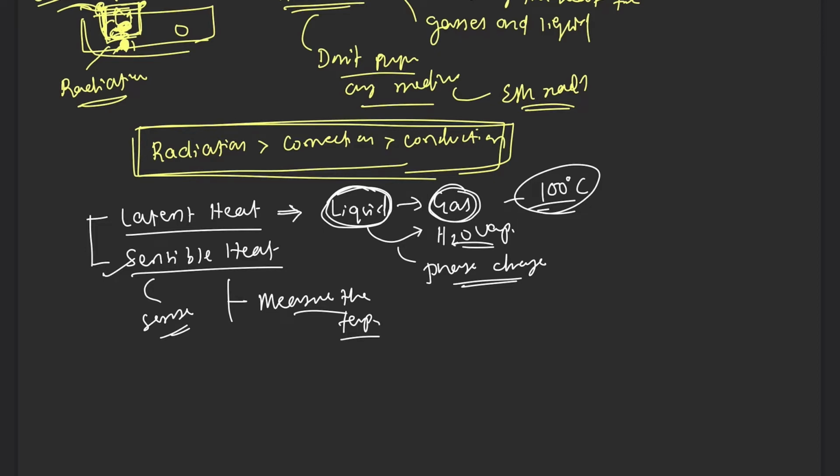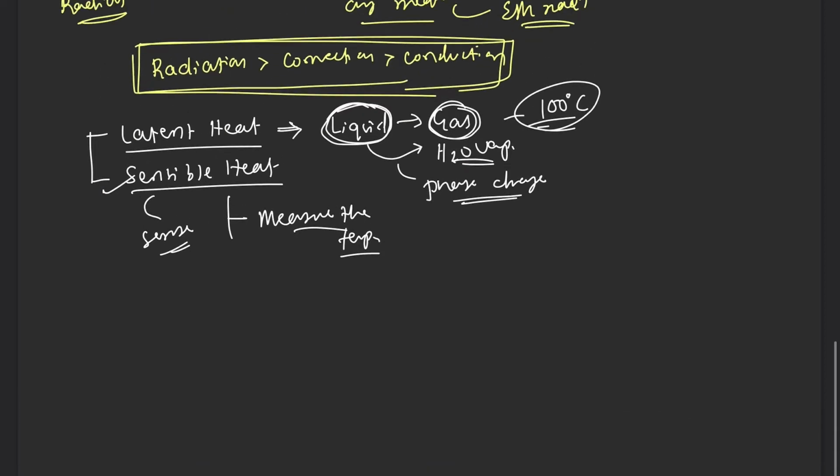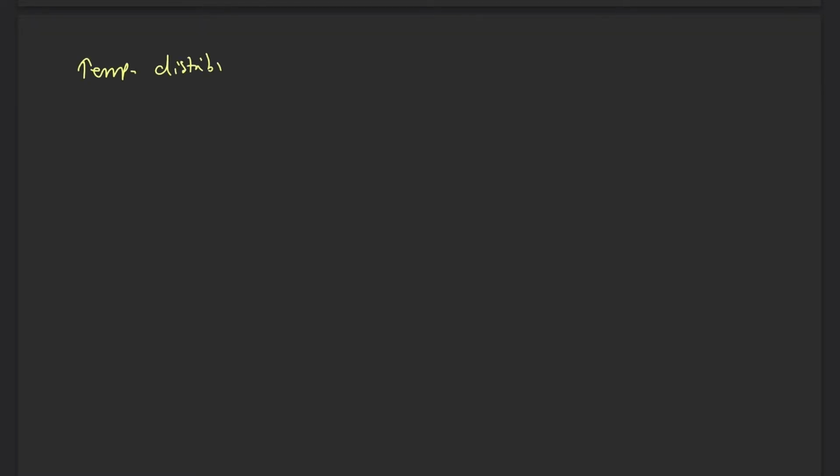Then how, at different locations or different places of our surface, does temperature vary? Okay, temperature distribution: how does temperature distribution occur in different Earth surface locations, right? How does temperature differ from one place to another?